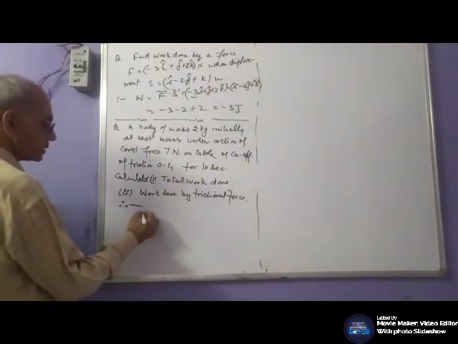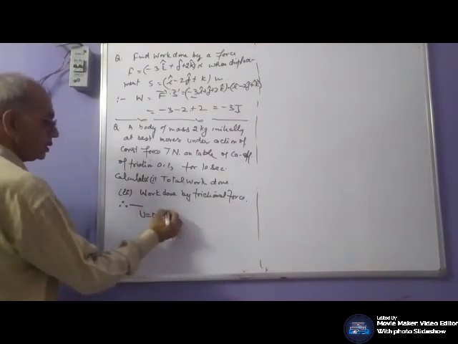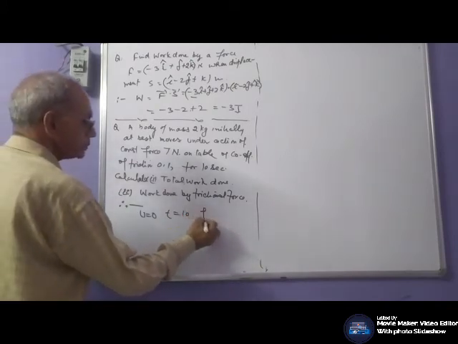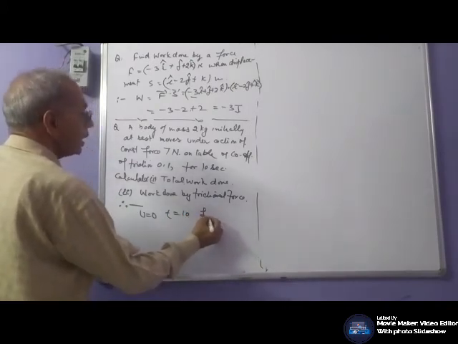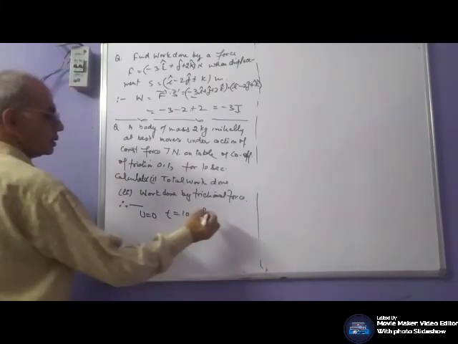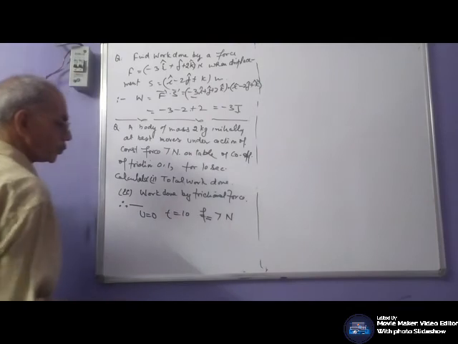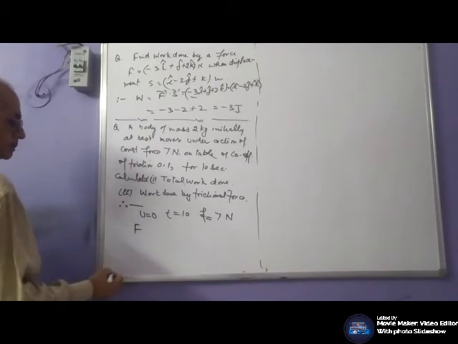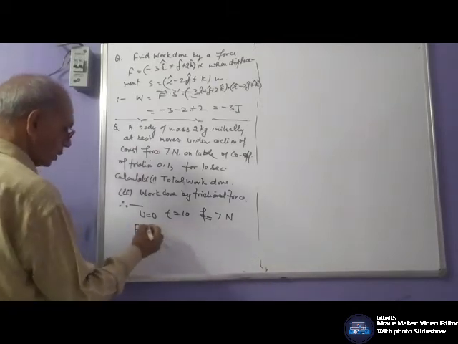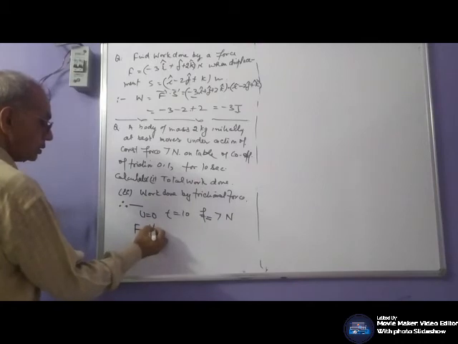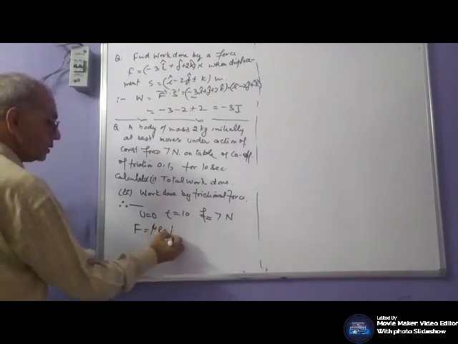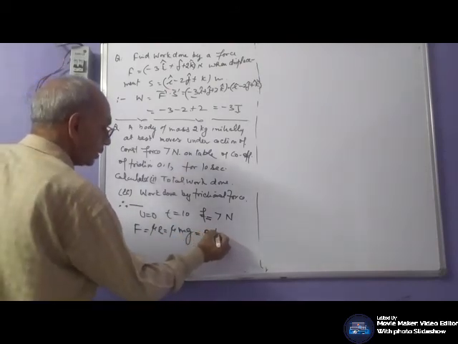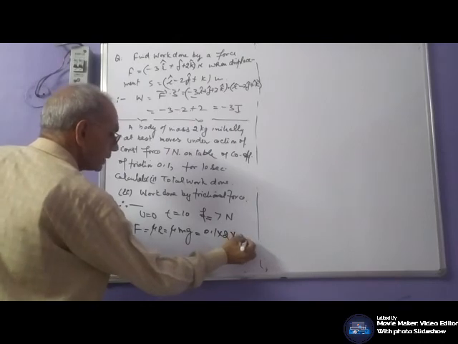The body is at rest. The time is 10 seconds. Applied force, small f, is 7 Newton. Force of friction is mu R, it is mu mg. Mu is 0.1, m is 2, g is 10.